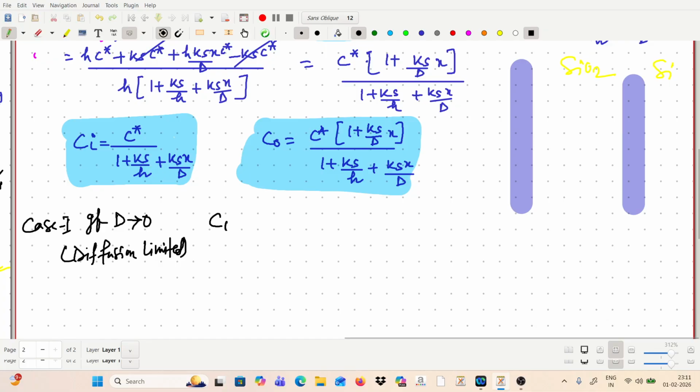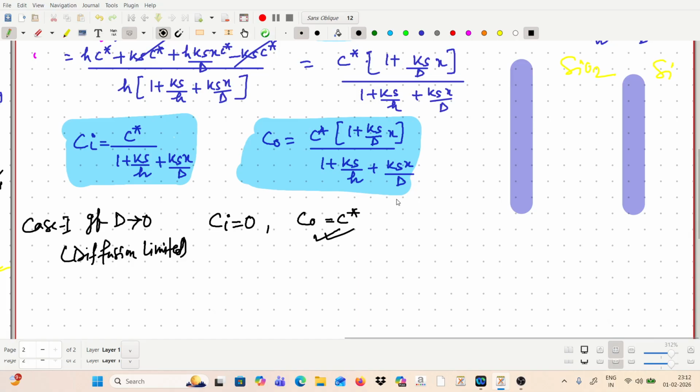Infinity, so Ci is simply 0, and C naught will be C star, the oxide concentration. D tends to 0 means it is infinity, so C star by infinity is 0, and D is again infinity. If you solve this one, it will go to C naught equals C star. Clear this thing?